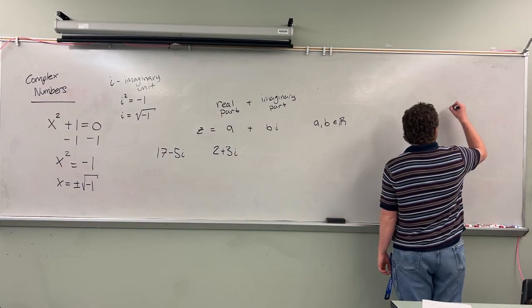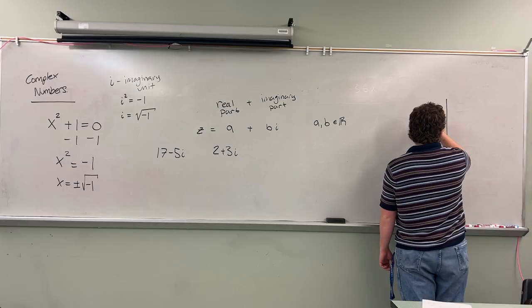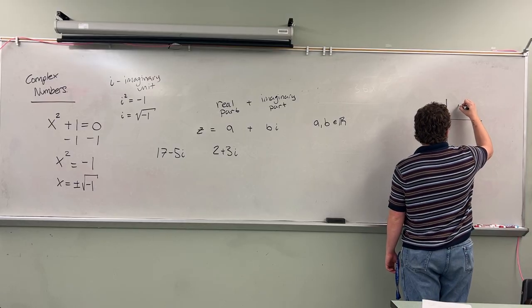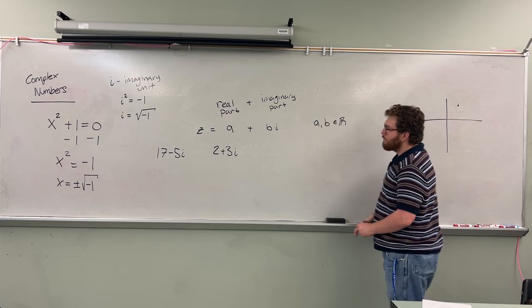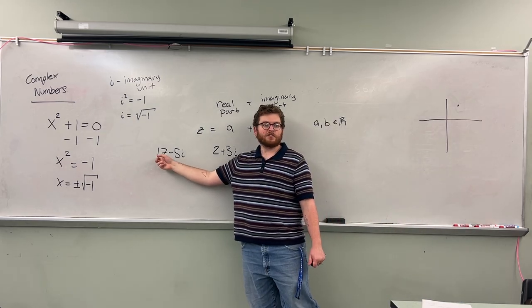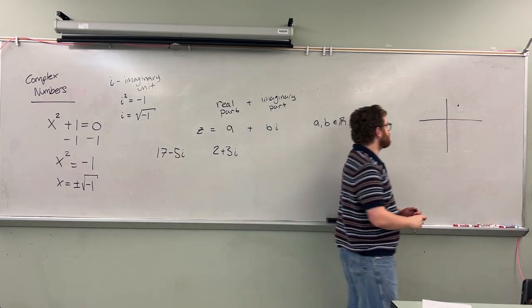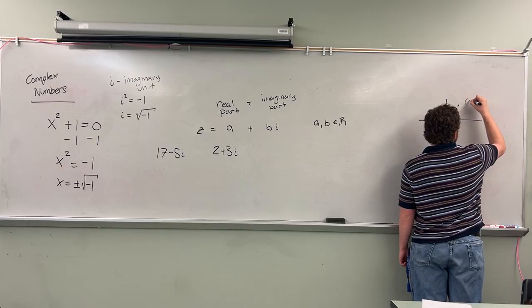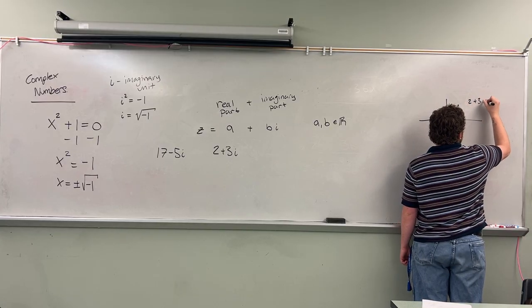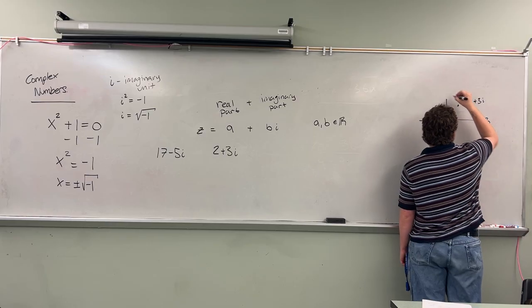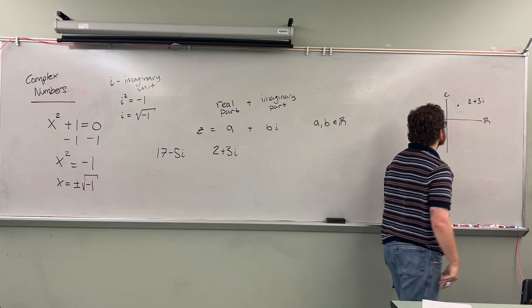Further along, we'll talk about complex numbers as being points on a complex plane. Maybe you might see that in trig. But each point has basically an x value and a y value. So maybe this point right here is 2 plus 3i. I have my real part and then my imaginary part.